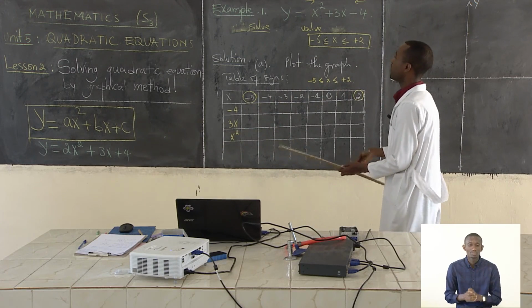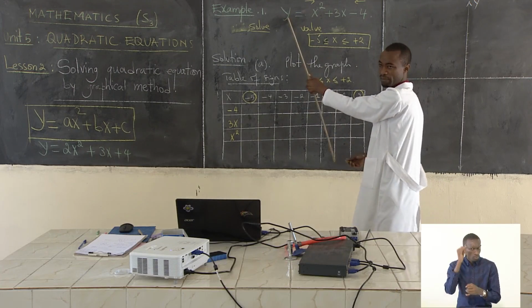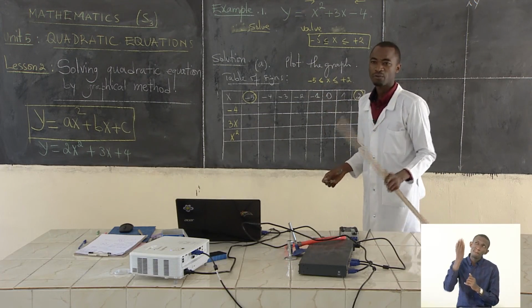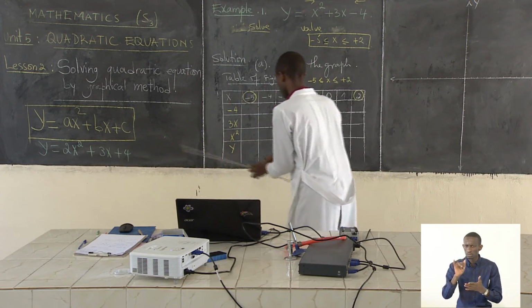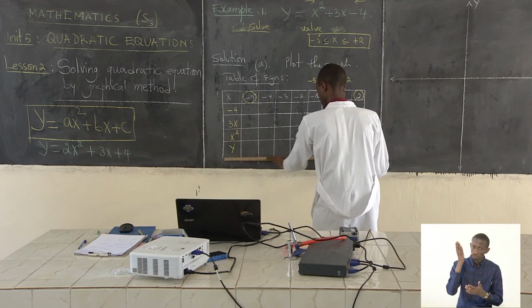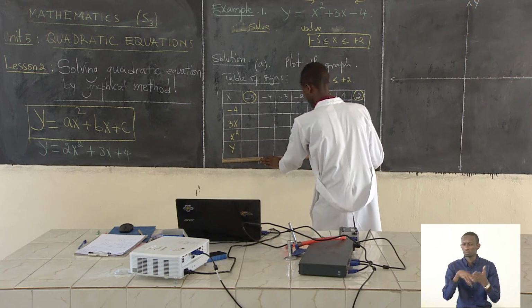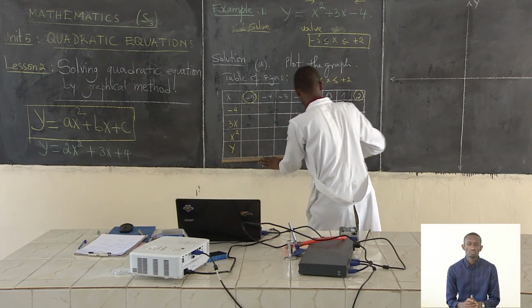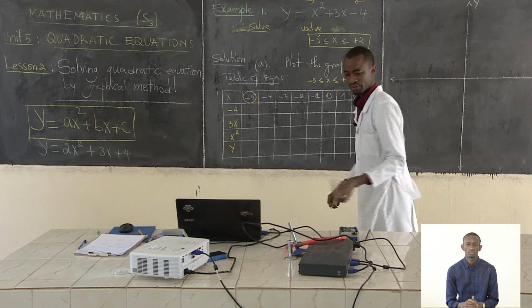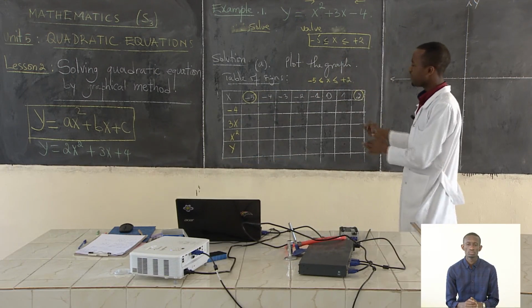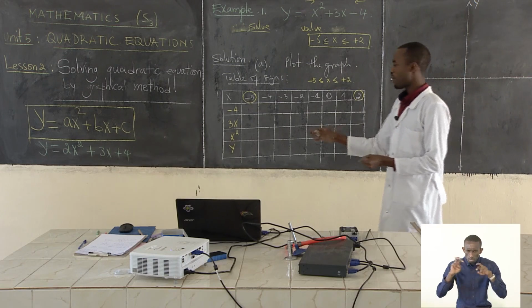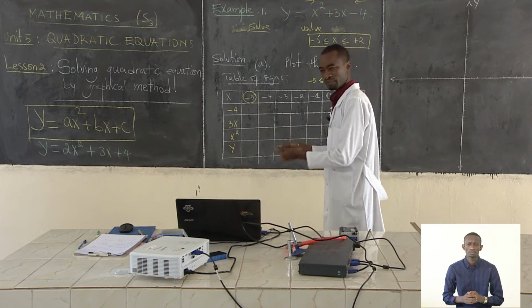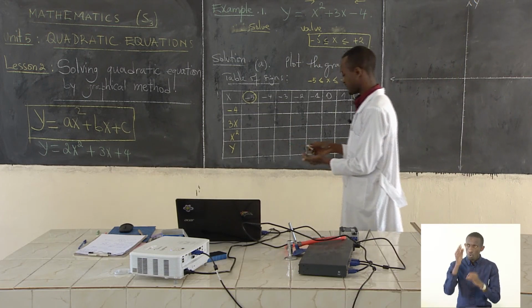And then when you finish, you go to y, because you need to find the value of y at the end of the day. You need to put y here. And then we are done with our table. Just to build some squares of it. And from there, we are going now to find the values of y when you finish putting the values there.